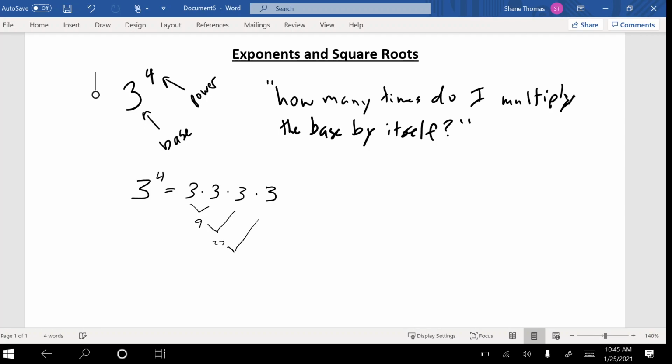What's 27 times 3? 81. So therefore, 3 to the fourth would be 81. That's how exponents work. It's basically the bottom number times itself this many times, the exponent.